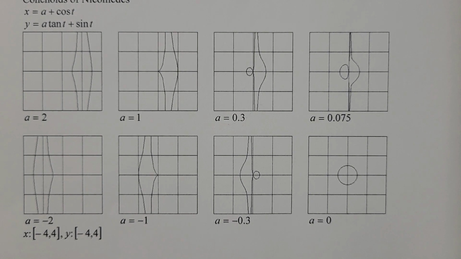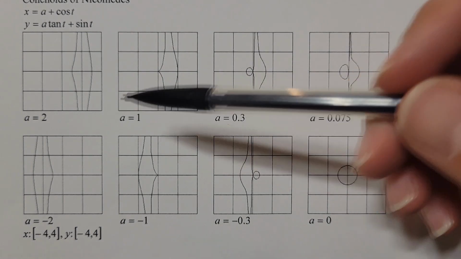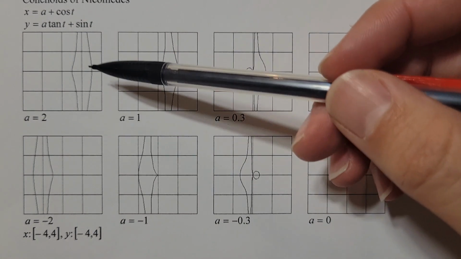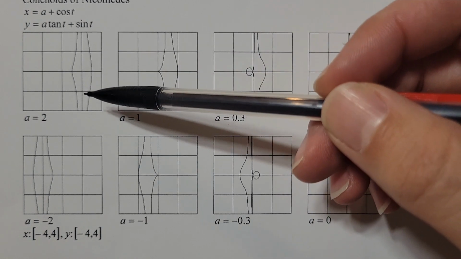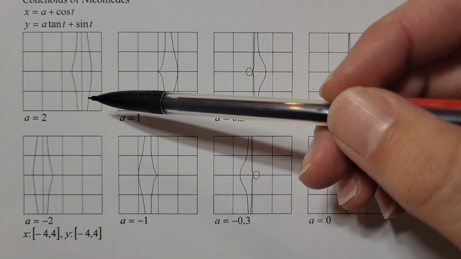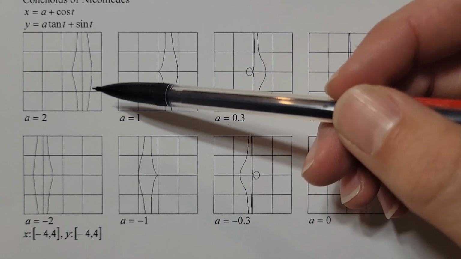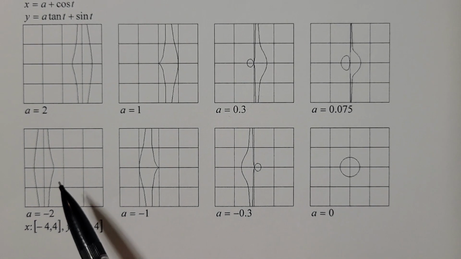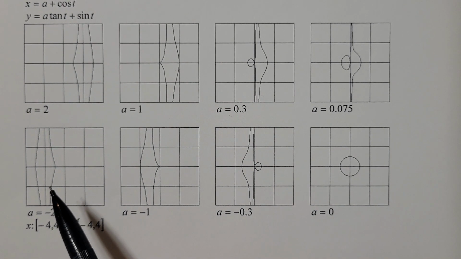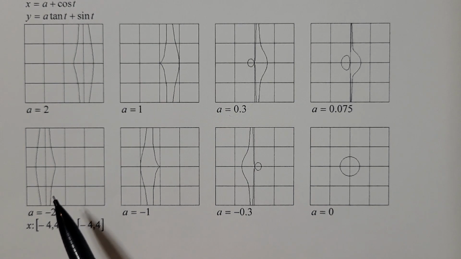Both the branches approach the vertical asymptote, x equals A. So here's when A is 2. Both these branches are approaching x equals 2 from the left or the right. Now, if A is less than -1, like if A is -2, both the branches are going to be smooth.